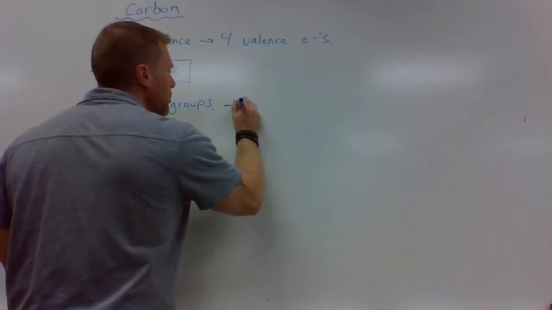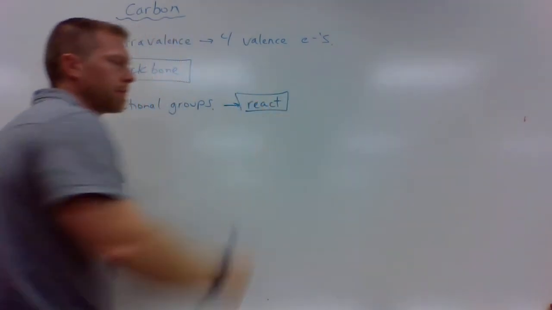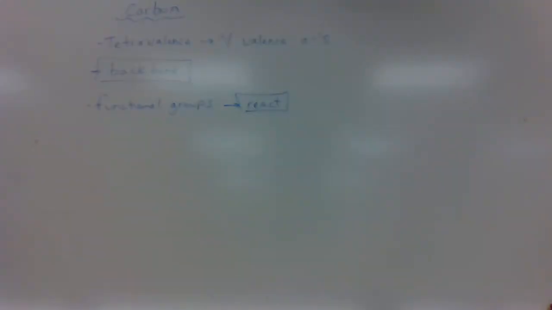So it's the functional groups that react. So again, there are 2 factors that determine the properties of an organic molecule. One is the arrangement of carbons in the backbone. Two is going to be the specific functional groups that it contains. And that's because those functional groups are the groups that react with other molecules.